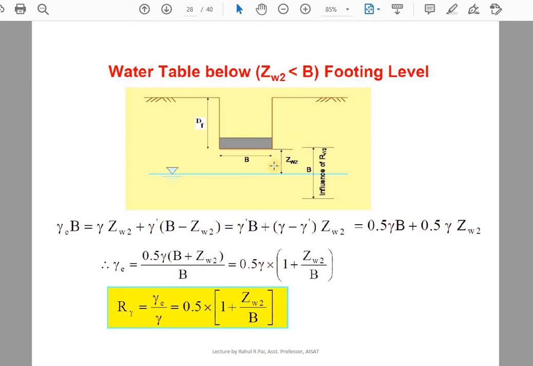Only the reduction factor in the third term is applied, and that reduction factor is R gamma in this form, 0.5 into (1 + Zw2/B). So these are the prerequisites which are very important when you solve these problems of bearing capacity whenever there is a water table. Now while solving the problems, you will get a better idea of how to consider the various cases.